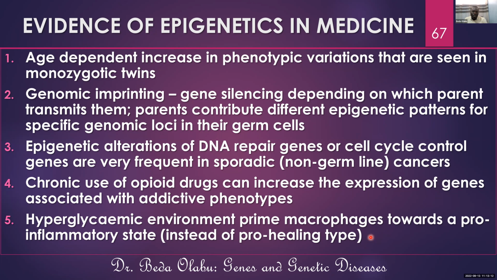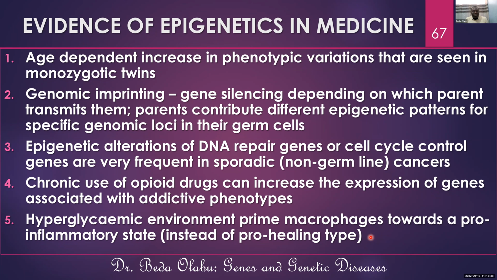And so that explains also why we'll see chronicity of diabetic wounds, because the macrophages there are not releasing chemicals that are pro-healing for regeneration of cells. They're releasing chemicals which are pro-inflammatory. And that makes the wound continue for a long time.